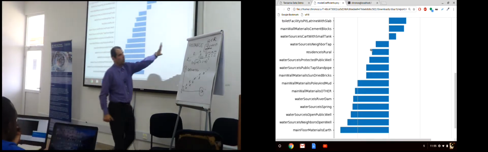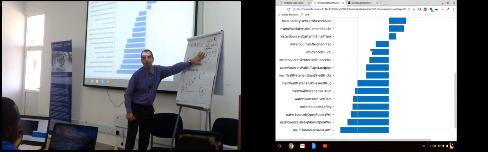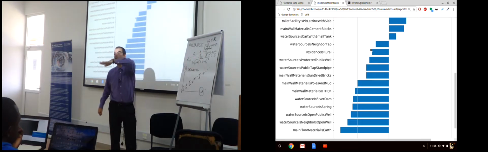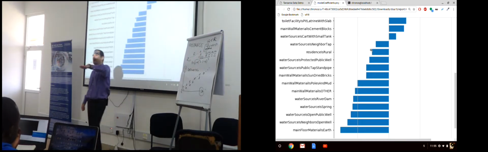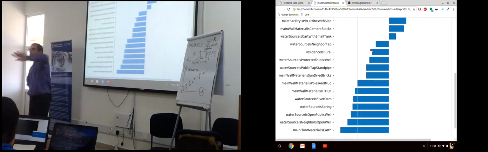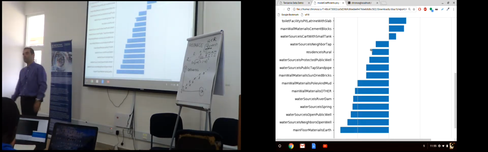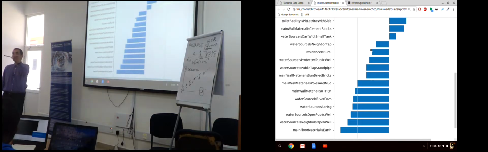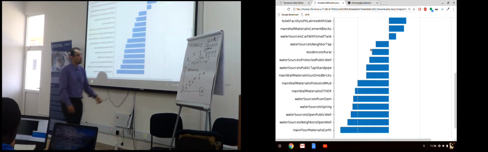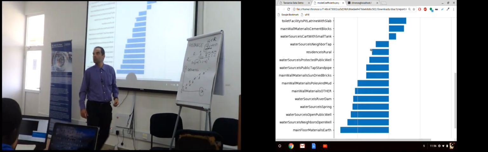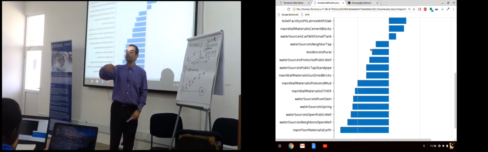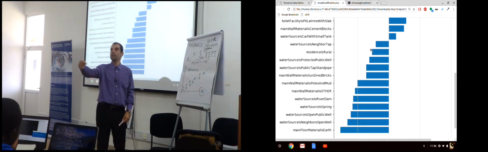So what we are doing, once we have converted our categorical fields back to the binary fields in the way I described, then we feed everything into an ordinary least squares. And what we say is, I want you to find the best line that goes through all of these attributes and predicts the wealth index score.